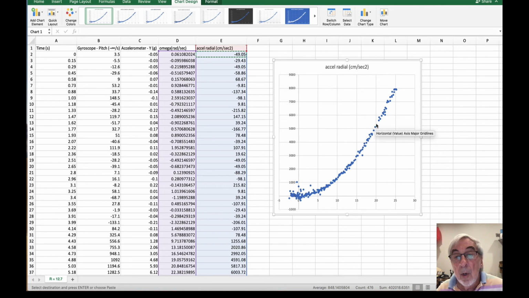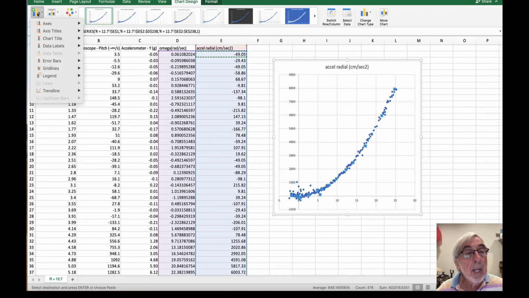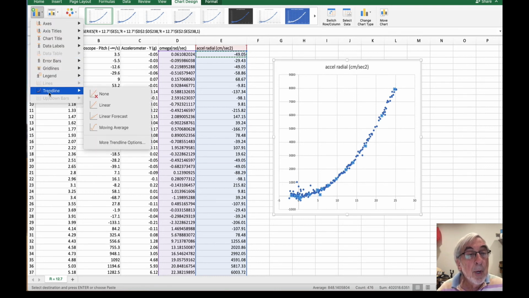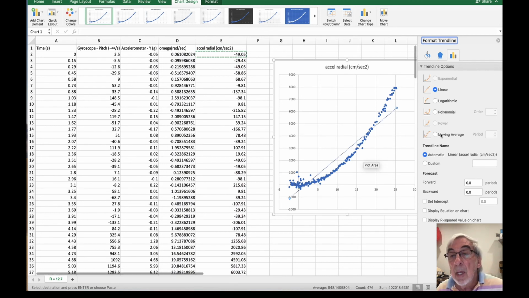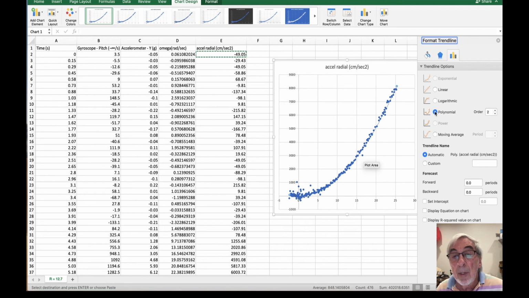I'm going to click on one of these data points here, and that'll bring up add chart element over here on the left. I'm going to add a chart element, which is a trend line, and it's going to be none of these things here. I want to do a power law fit, so I go to more trend line options, and I want to pick a polynomial fit, which is that one there.